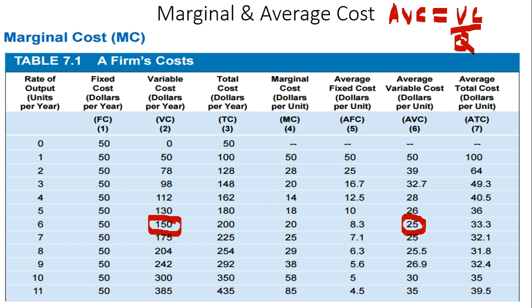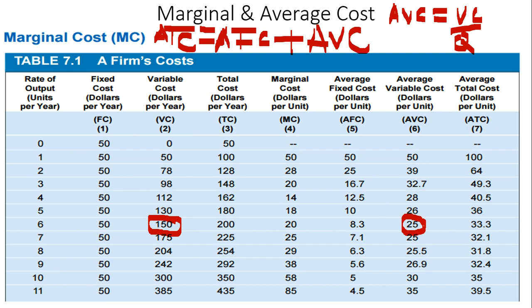And then average total cost. Average total cost is equal to average fixed cost plus average variable cost.